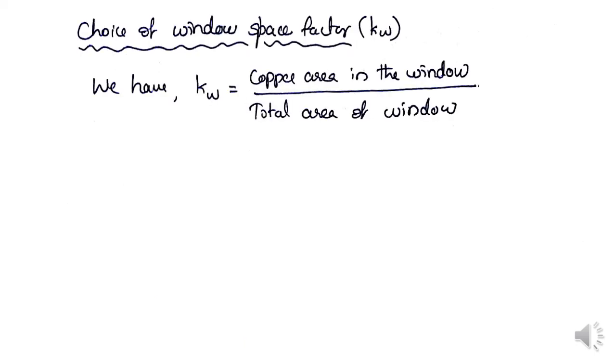Next, let's see how to choose the window space factor. Window space factor is a factor that represents how the available window area is utilized or occupied by the copper conductors. So it is a ratio of copper area in the window divided by total area of window. There is an empirical formula that can be used to find the window space factor.